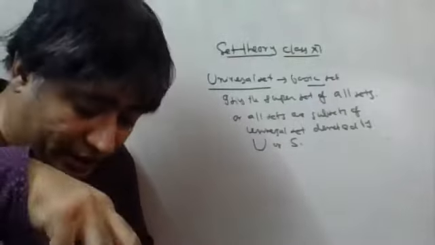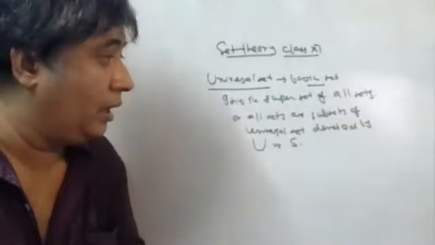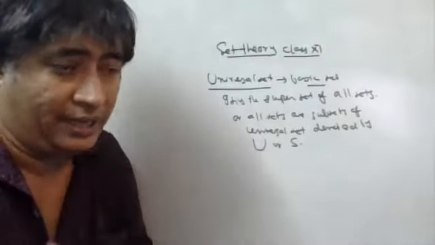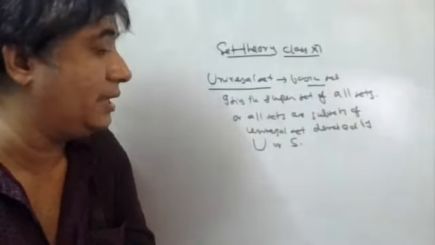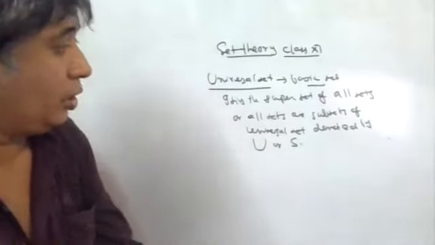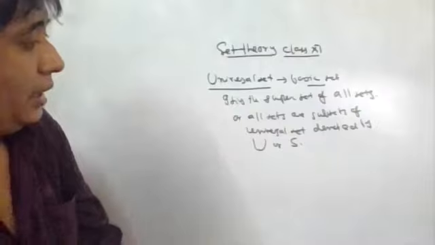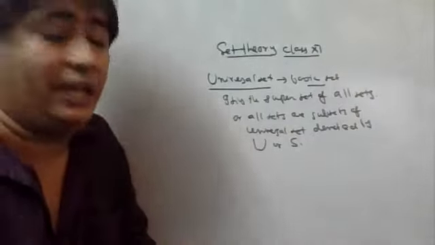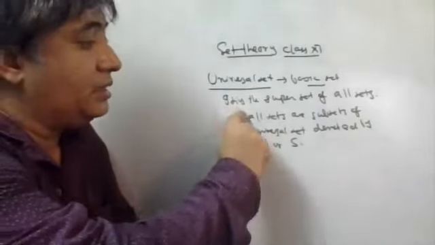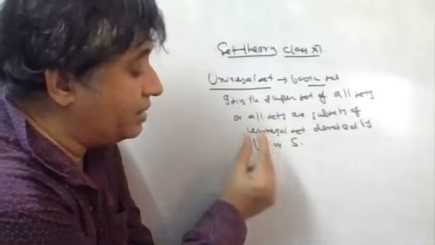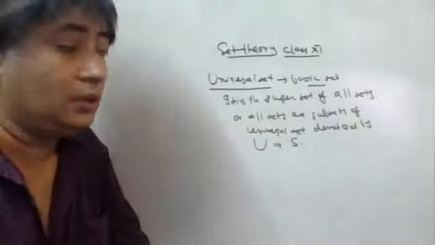With respect to the states, India as a nation will be considered as the universal set. So universal set contains all sets. It is the superset of all sets, denoted by script U or S.